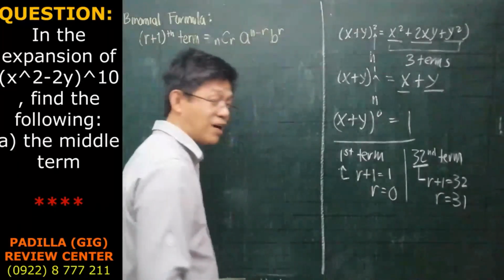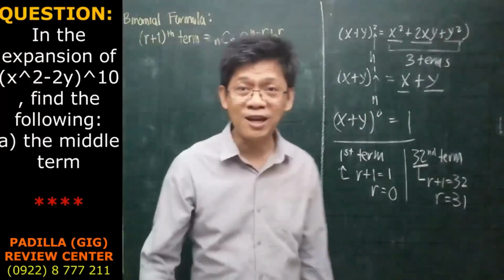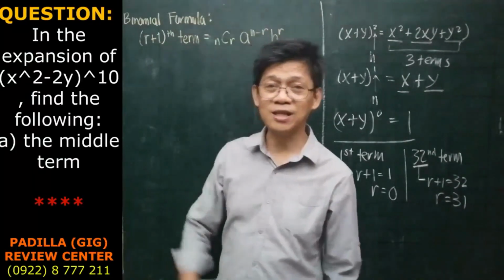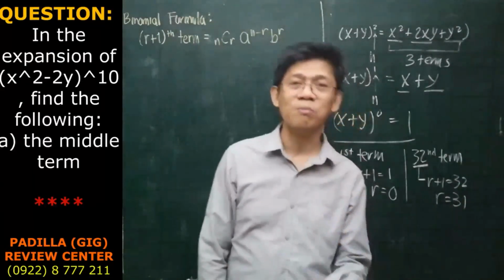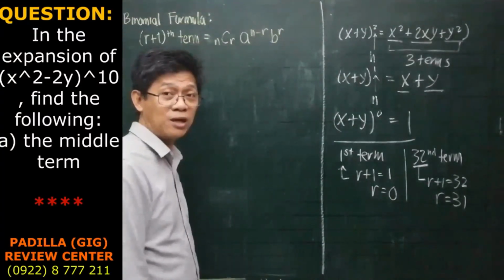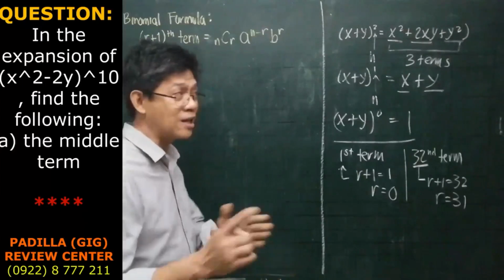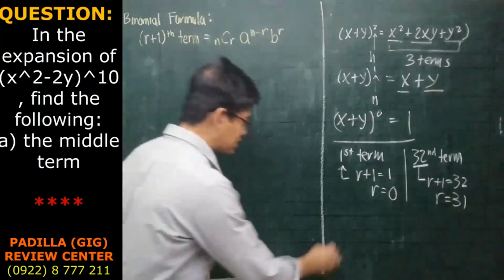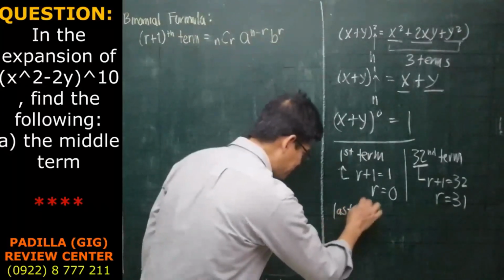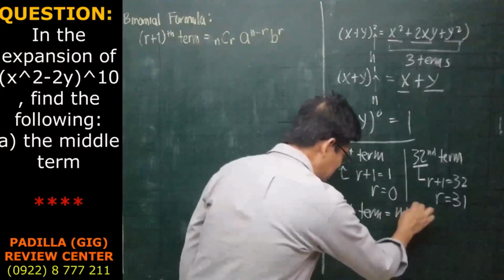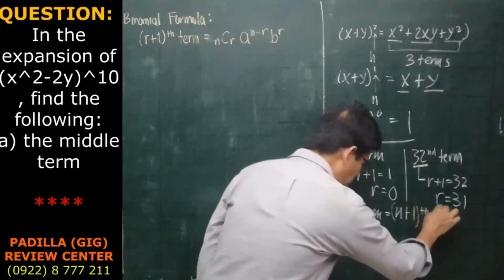If you're asked to find the last term, if there are n plus 1 terms in the expansion, then ibig sabihin the last term is the n plus 1 term. Right? Tama ba? Kasi there are n plus 1 terms, right? So therefore, the last term is the n plus 1 term.